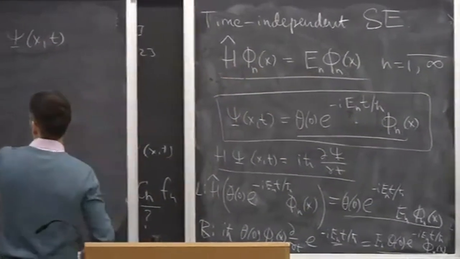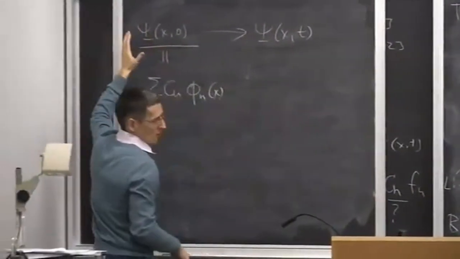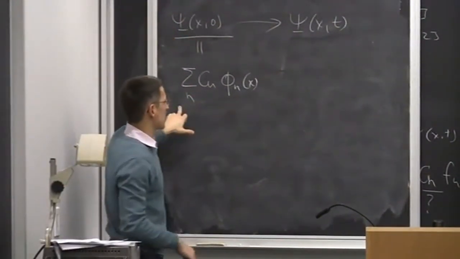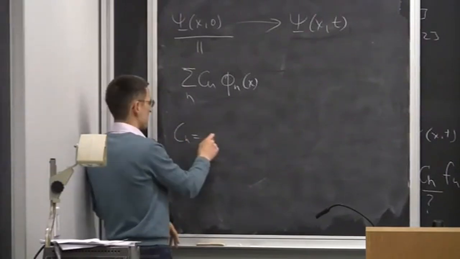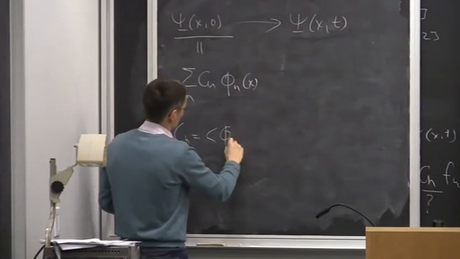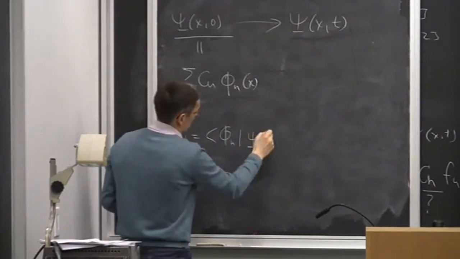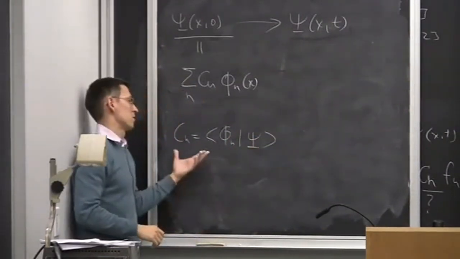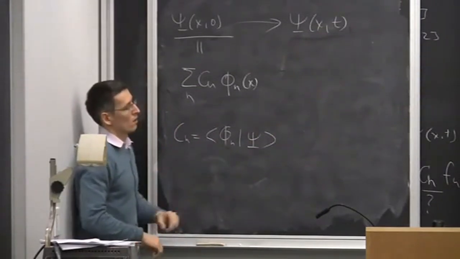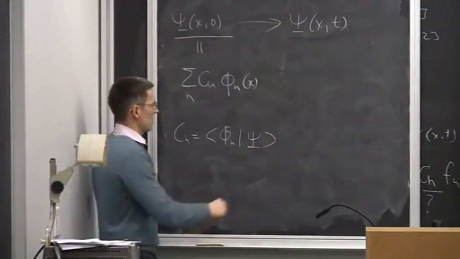That means whatever function you started from, it can be presented as a linear combination, and the coefficients can be found in the same way we always do that, right? So the coefficients are just integrals of the solutions with the function at zero time.